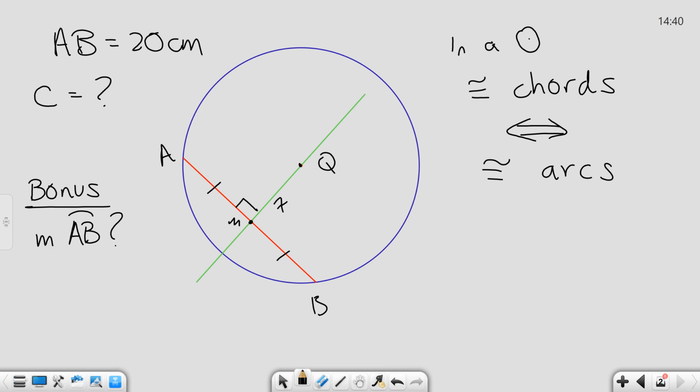Okay. Well, to find... it's right here. It's like, wait.